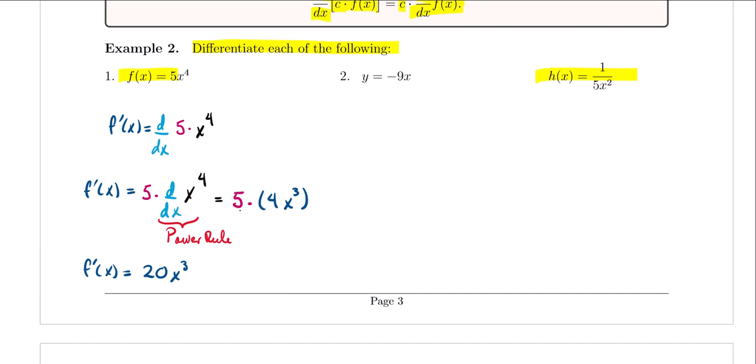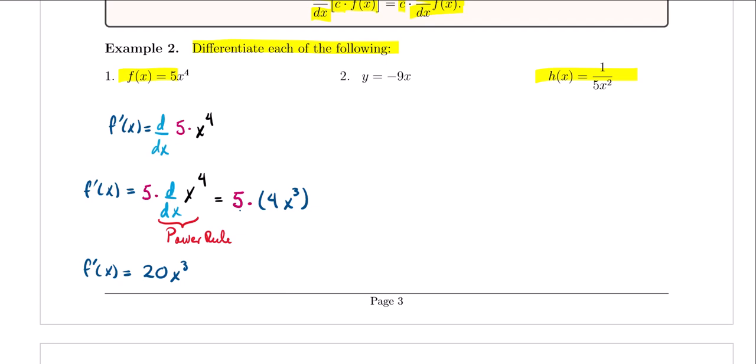Nice and easy. Much better than using the limit definition here. Alrighty, now let's take a look at the last function, where we're given h of x is equal to 1 over 5x squared. This one can be a little bit trickier because, for starters, we have a fraction, so we need to rewrite it so that the x is in the numerator, not in the denominator. This is the way that I like to interpret the problems.